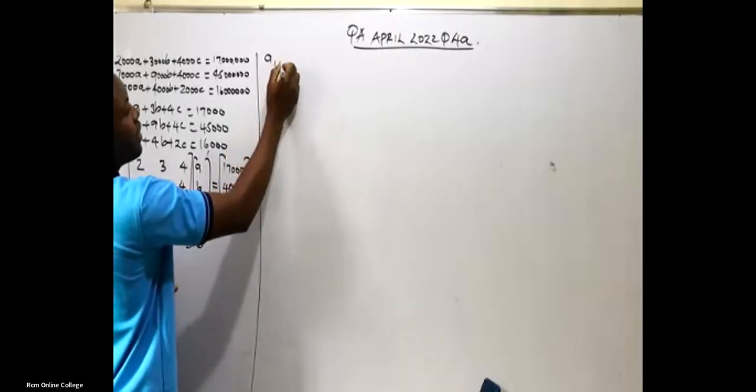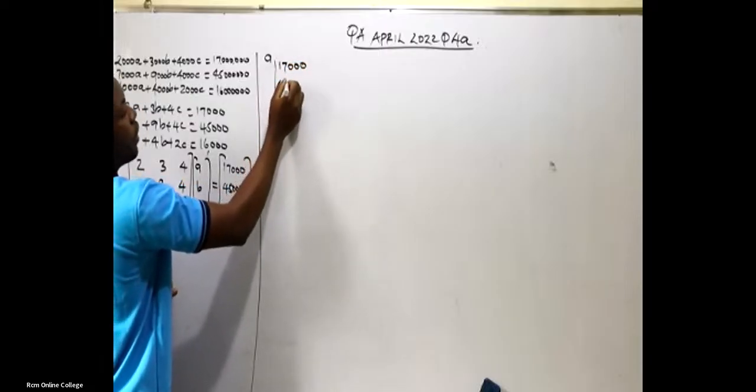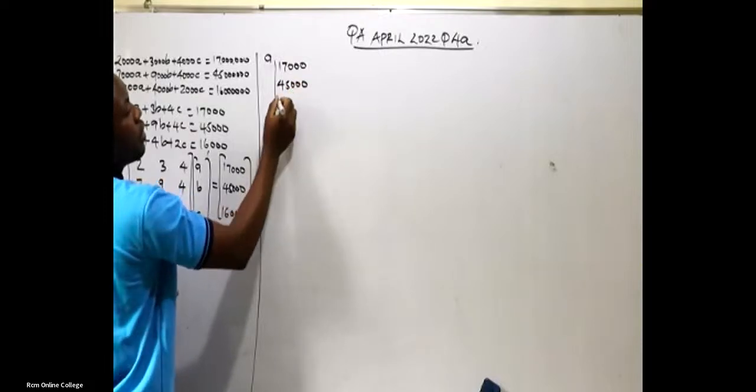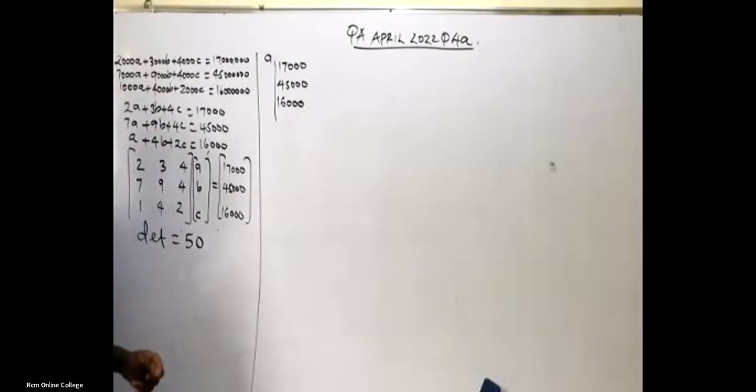Thank you for trying. 17,000, right? Then 45,000, 16,000. The second column, somebody? Now that the constant has replaced the first column, what is our second column?